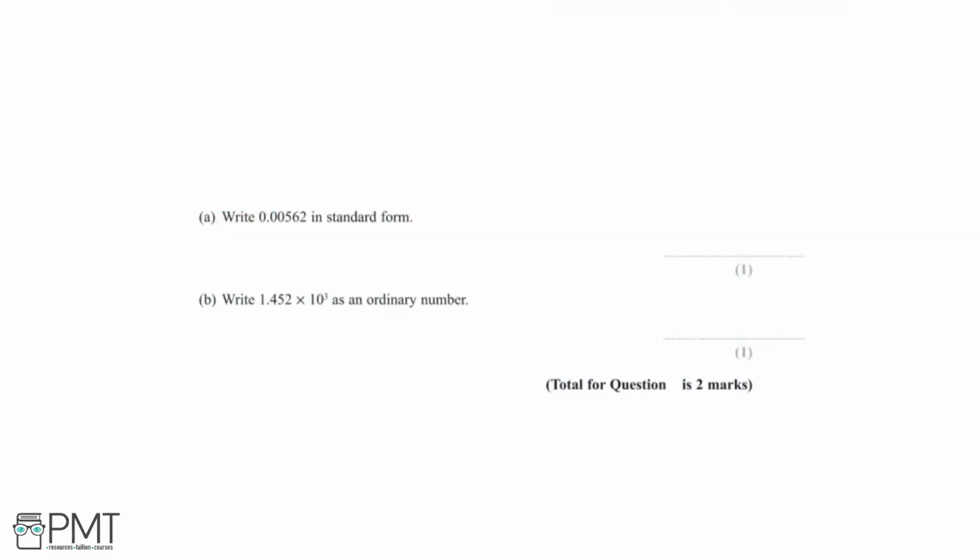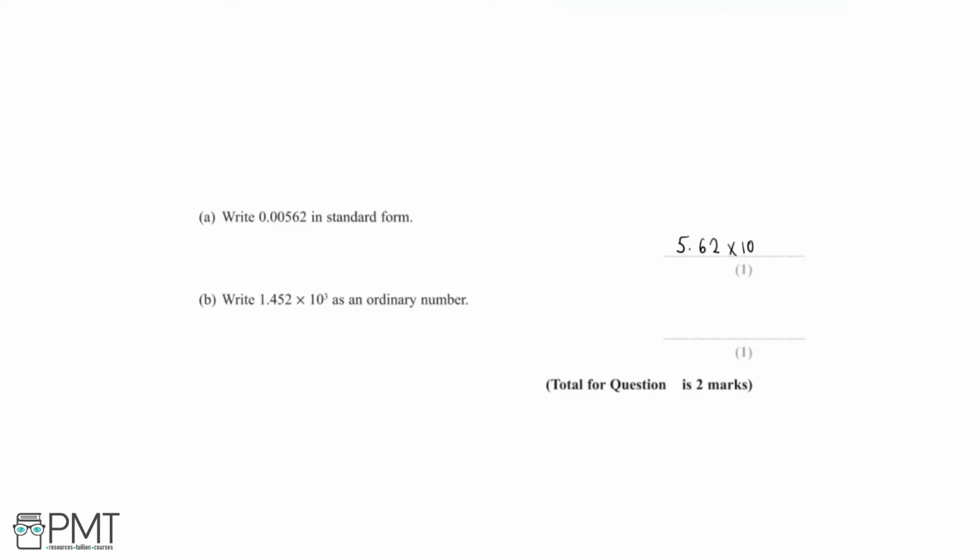In part A, we need to write 0.00562 in standard form. The first thing that we can do is write down 5.62, because in standard form we need a number between 1 and 10, and when we have 0.00562, 5.62 is the only number that we can use. Now since we're writing in standard form, we know that we're going to have a times 10.